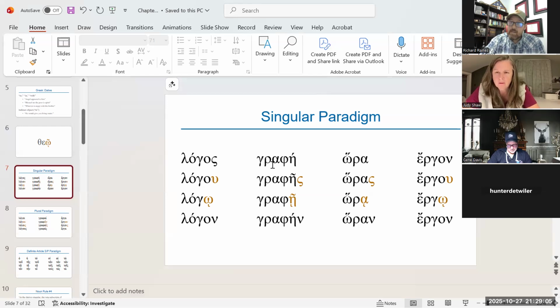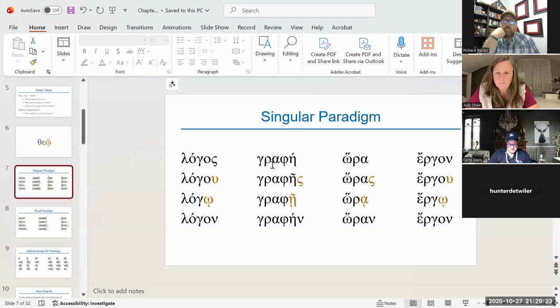Writing. But it's the direct object, not the subject. So the nominative and the accusative are translated into English the same way. They just have different functions in the sentence.